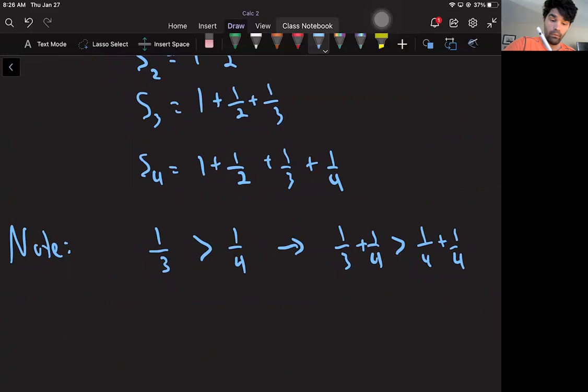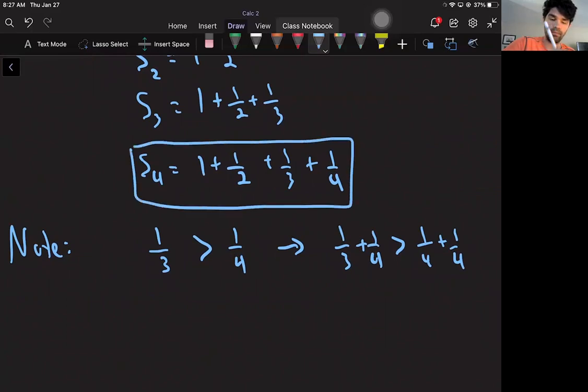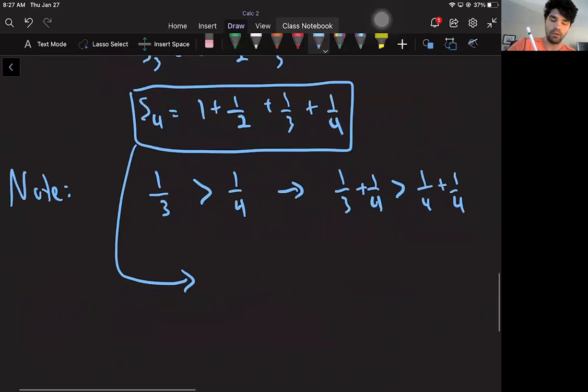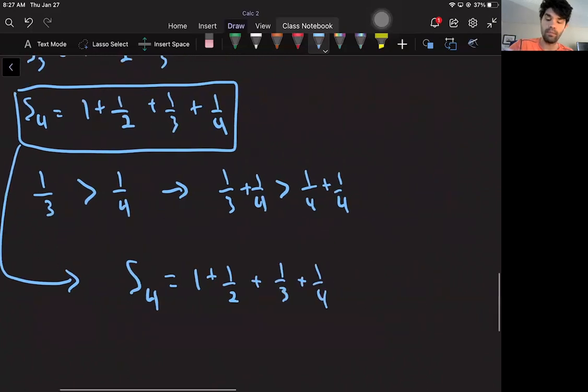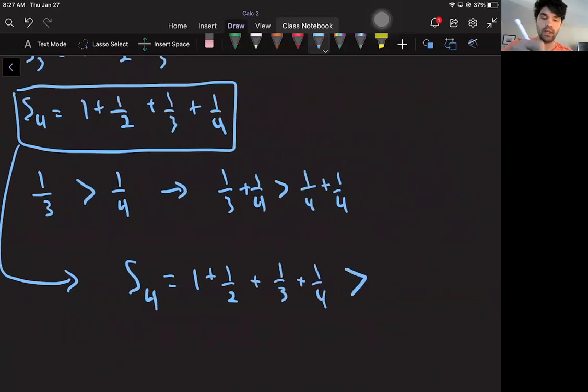So what can I say using that about S4? So S4 has that 1/3 plus 1/4, but as we just said, a third plus a fourth is bigger than a fourth plus a fourth.